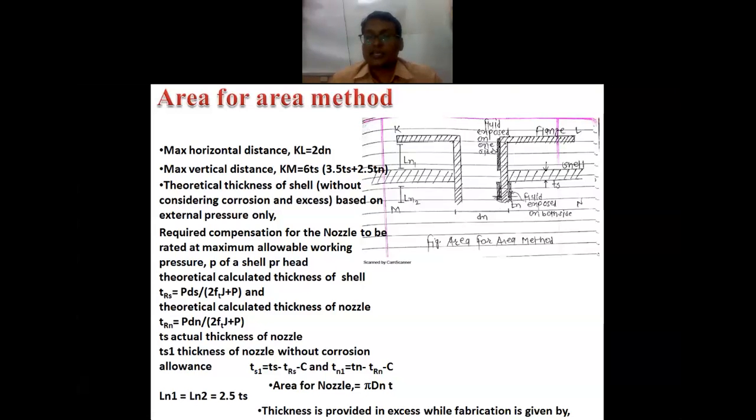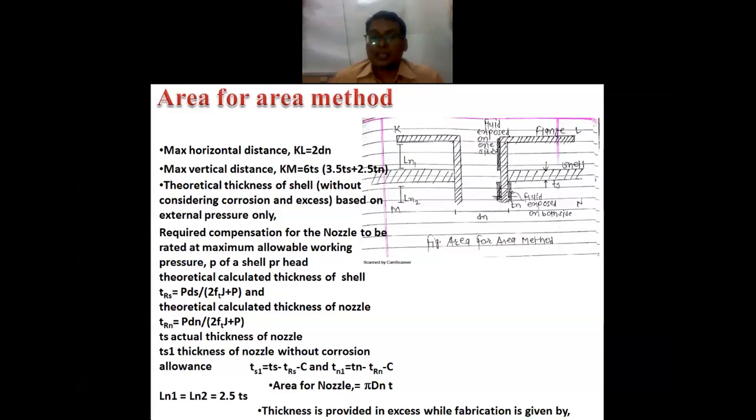So the actual thickness is different from the theoretically required or calculated thickness. The actual thickness used is always higher than the theoretically calculated thickness.